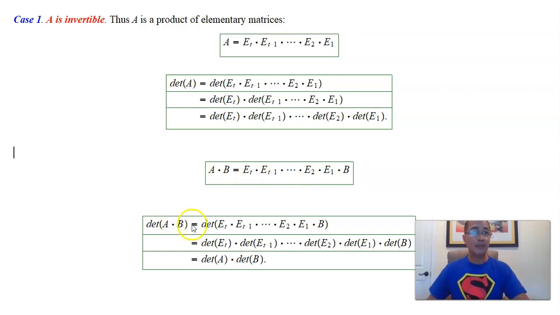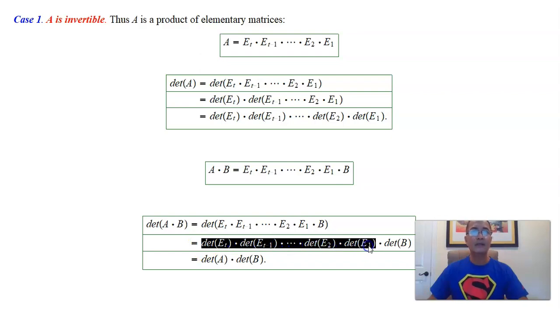If you want the determinant of A times B, you get the determinant of this long product. There's one more factor of B, but you can again take out the determinant of the first factor, E_t, and then the second factor, E_{t-1}, and so on, all the way down to the determinant of E_1, and lastly, the determinant of B. But wait a minute.